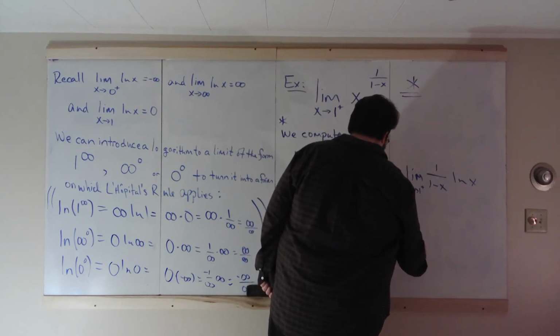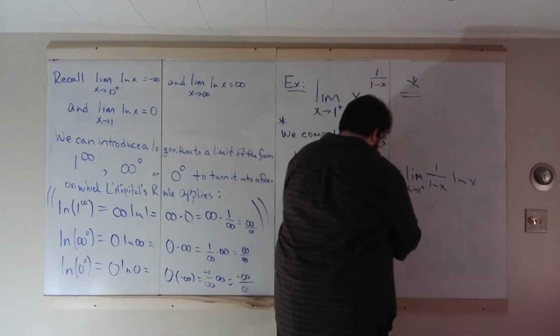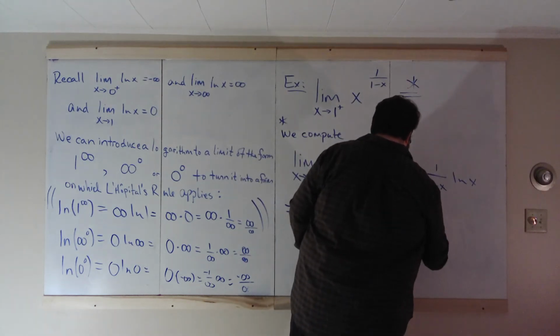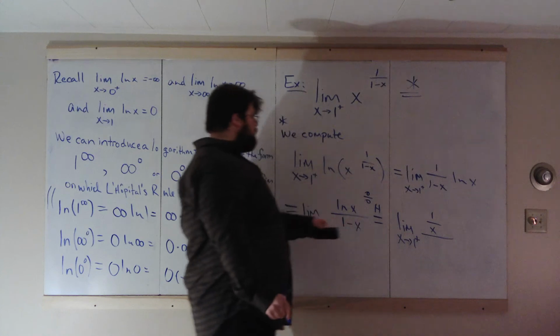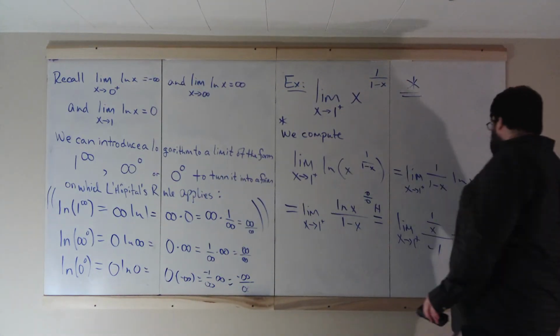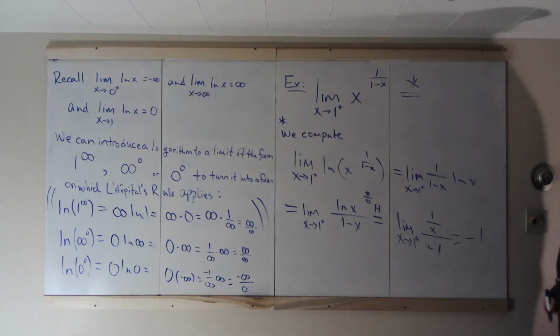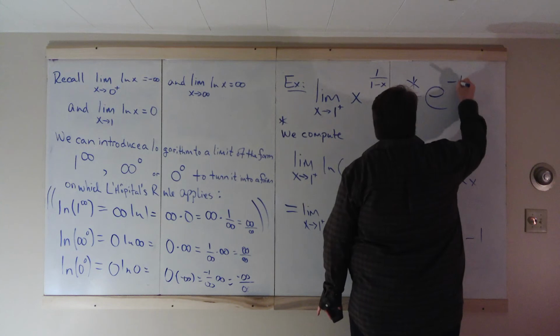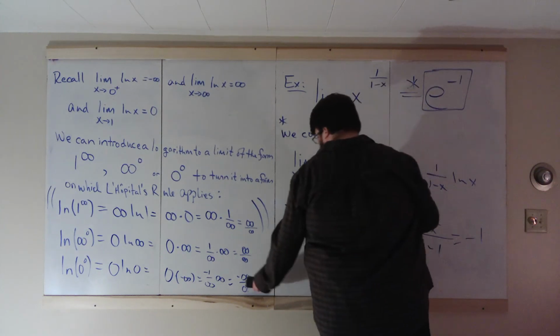We haven't taken the limit yet. Derivative of log x, 1 over x. Derivative of 1 minus x, negative 1. And this equals negative 1. 1 over negative 1 is negative 1. So our original limit is e to the negative 1.